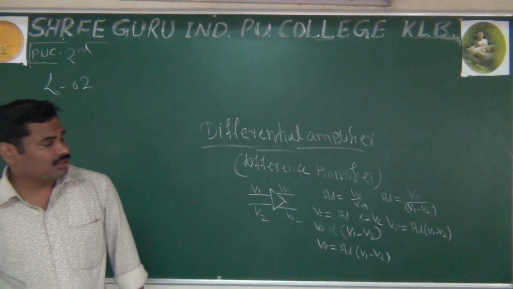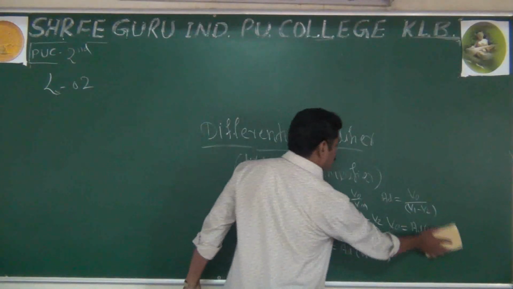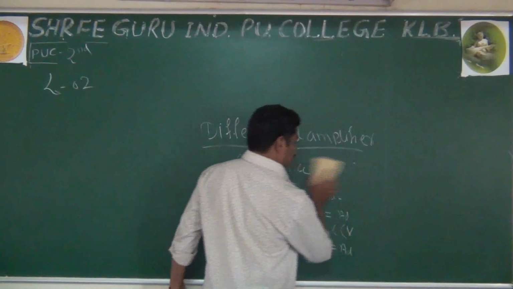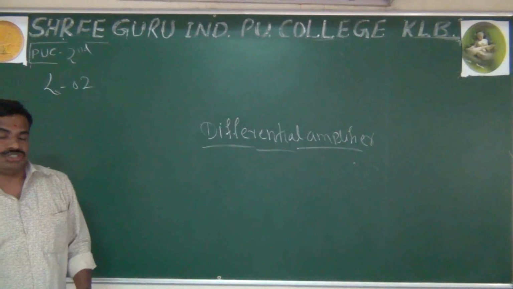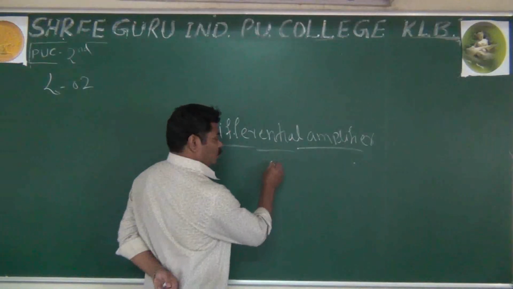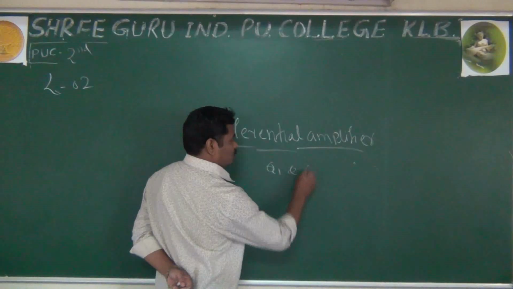Actually, your differential amplifier consists of two transistors, Q1 and Q2.